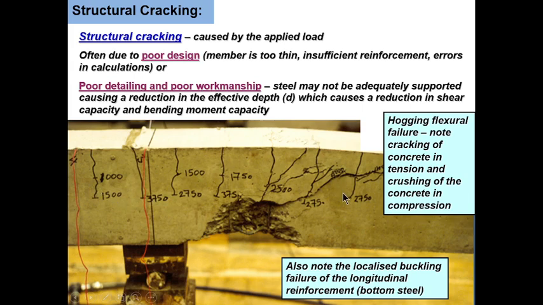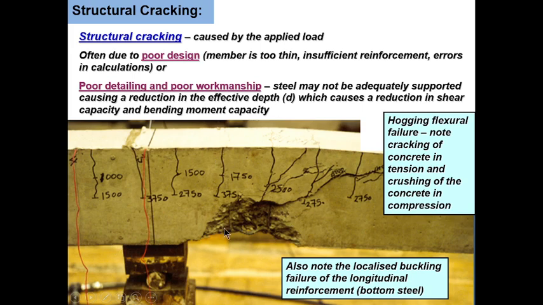Now let's look at this beam loaded in flexure. You can notice a hogging flexure. The beam is hogging like this, upward, and so this is a tensile zone. Because this is a tensile zone, you can see some cracks on the tensile zone. Now this is a compressive zone.